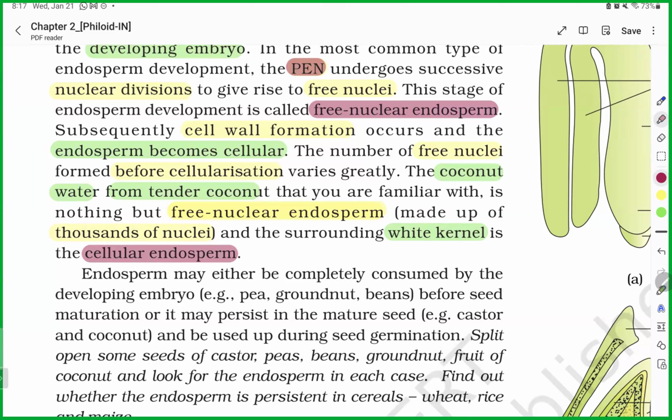Tell me, is this statement correct? Every angiosperm have endosperm. Yes, majority, but in some it gets completely consumed and in some not. Exactly.